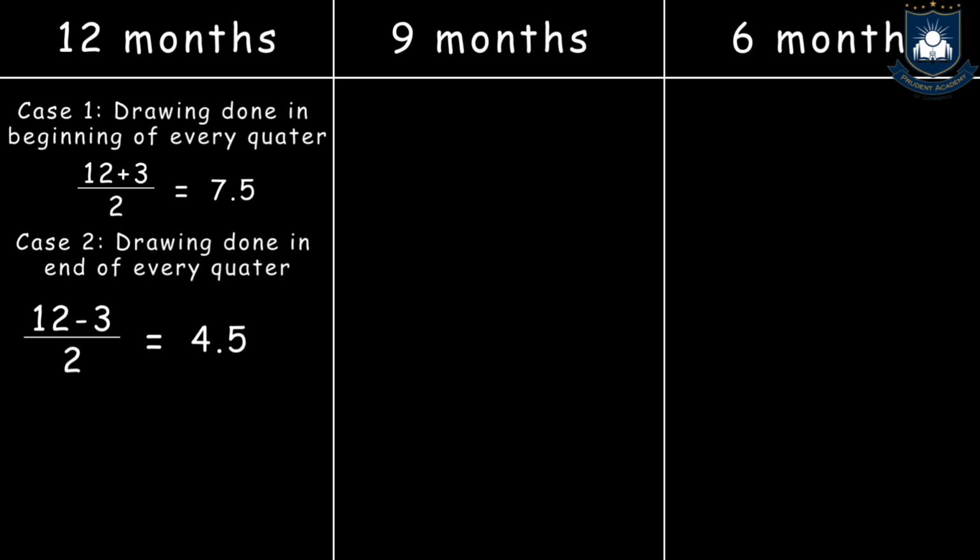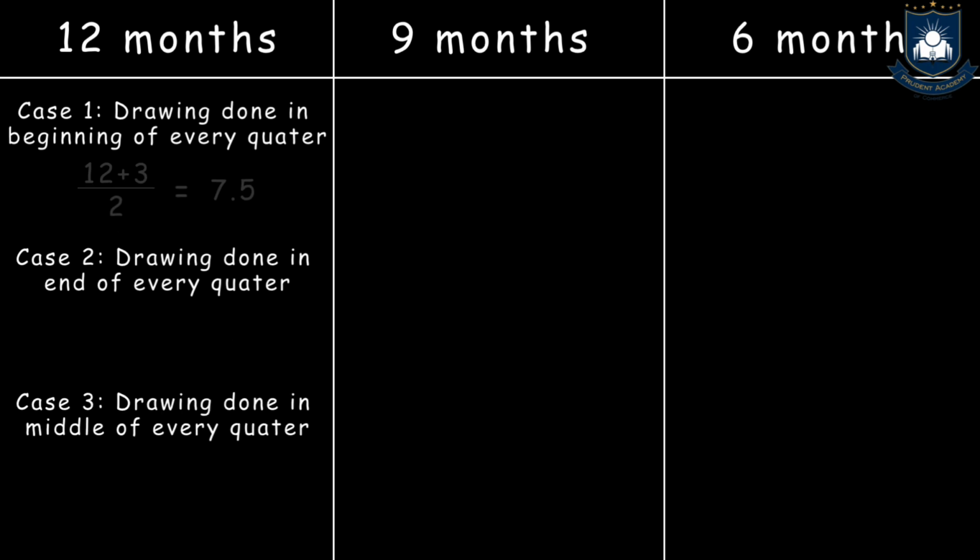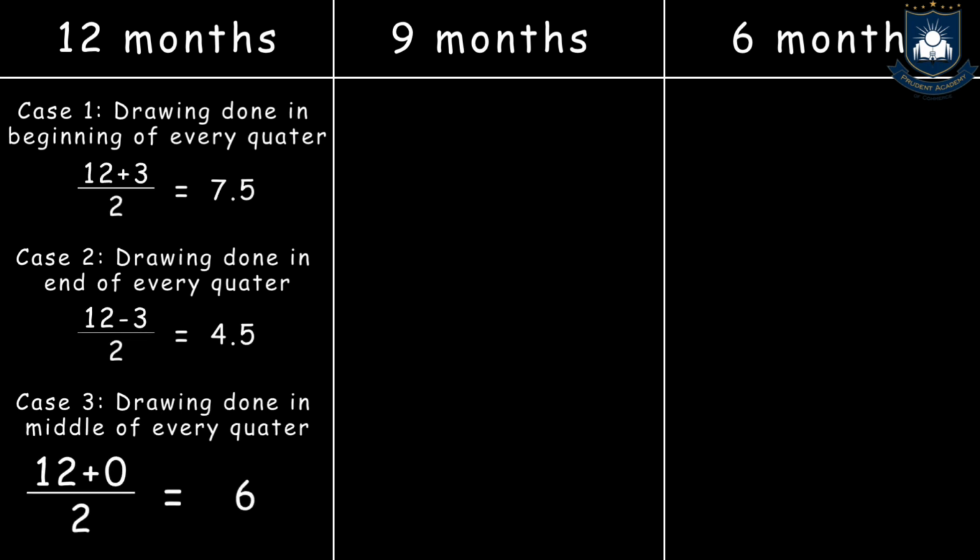It will become 9 by 2, which is equal to 4.5 months. Now, if the drawing is made at the middle of every quarter, it is 12 plus 0, because nothing is there, divided by 2. It will be equal to 12 by 2, which is 6 months.